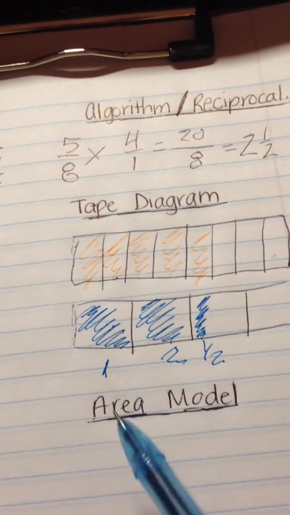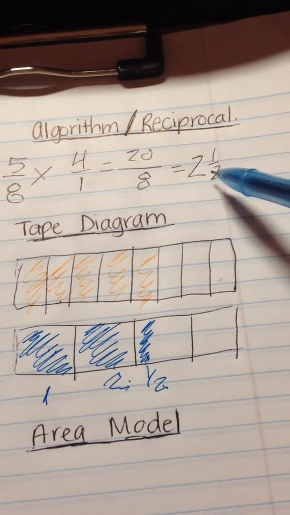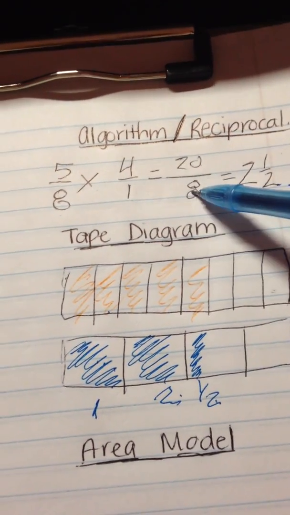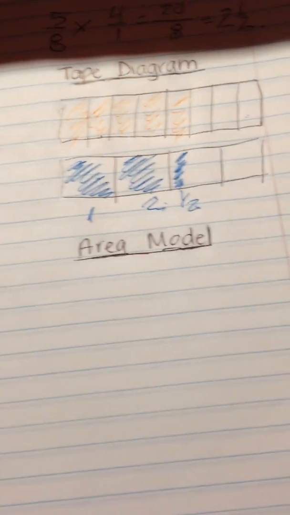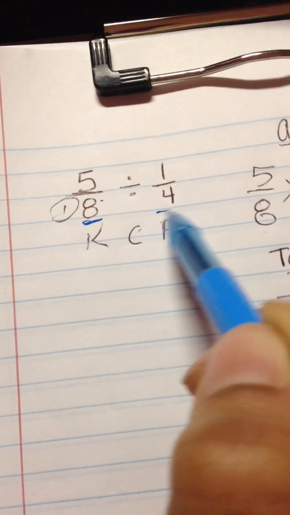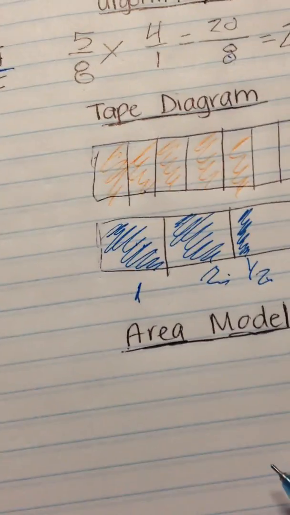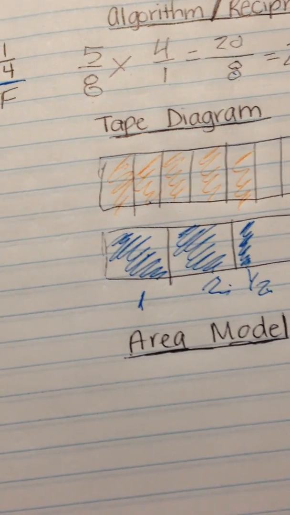And as you can see, your answer comes to 2 1/2, which is equal to the 2 1/2 that you found out using the algorithm. So now we go down to the area model. So using our same problem, 5/8 divided by 1/4, this time we're going to use the denominator to tell us what kind of grid. Now using the area model, you just have to remember that length times width equals area.